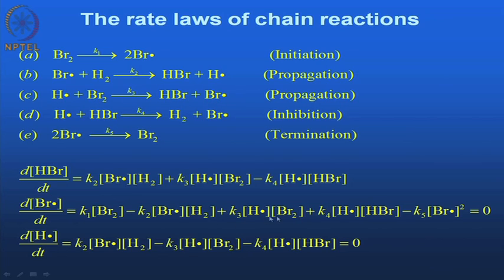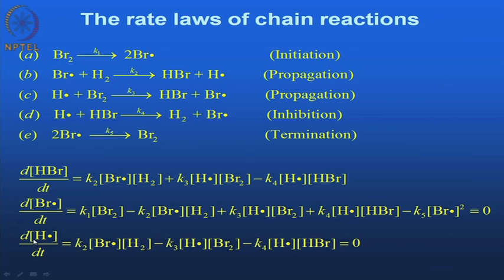Here Br dot is again produced, although this is an inhibition step, so K4 H dot HBr with a positive sign. And it is the termination step, where Br dot is used up, therefore K5 with a negative sign times Br dot whole square. You have to set this equal to 0 for your steady state approximation.